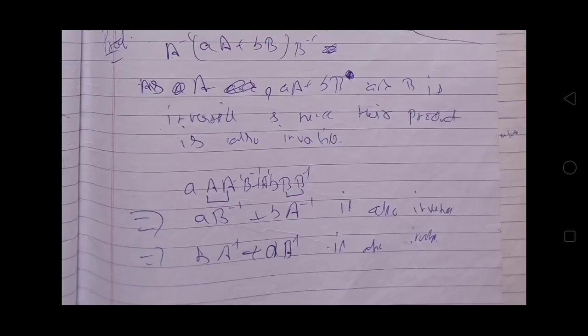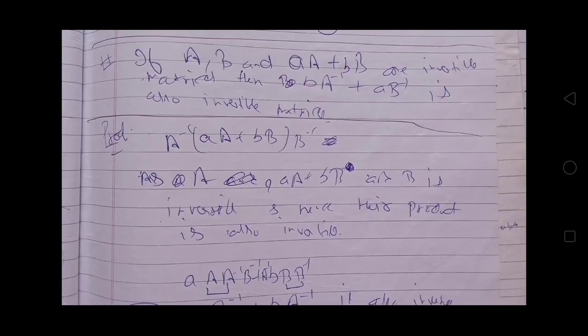A A inverse will be replaced by the identity matrix, and B B inverse will be replaced by the identity matrix, and you will get A into B inverse plus B into A inverse, which will again be invertible. This implies that B times A inverse plus A times B inverse is also an invertible matrix.